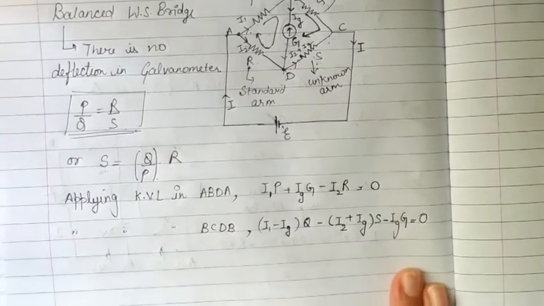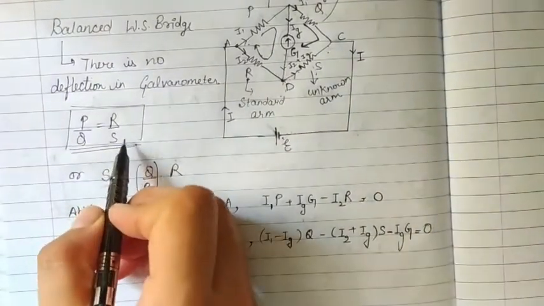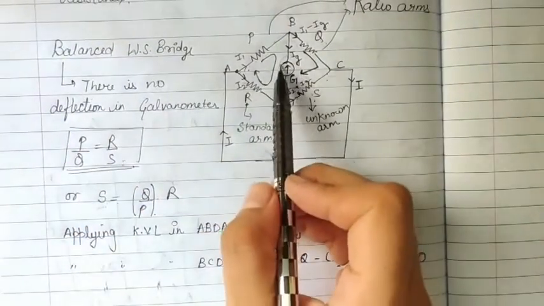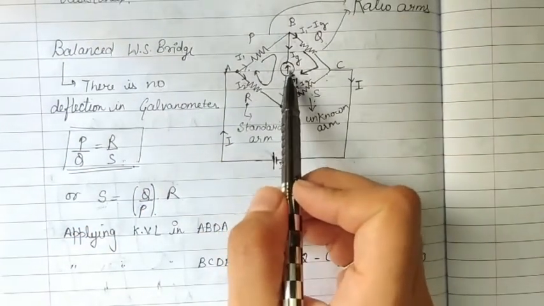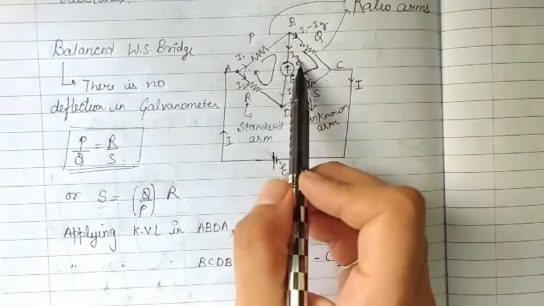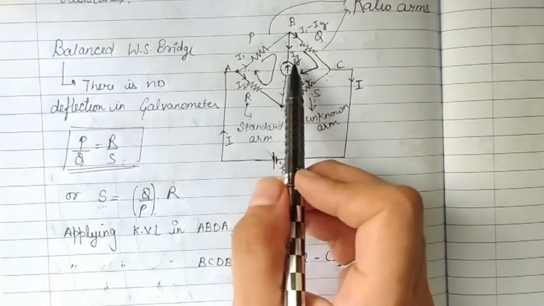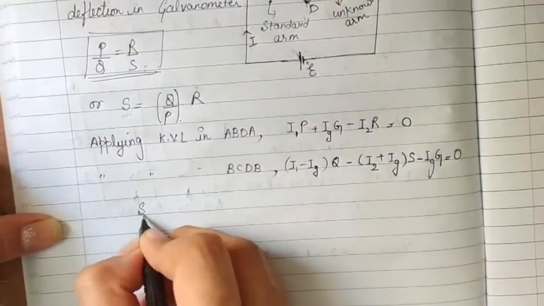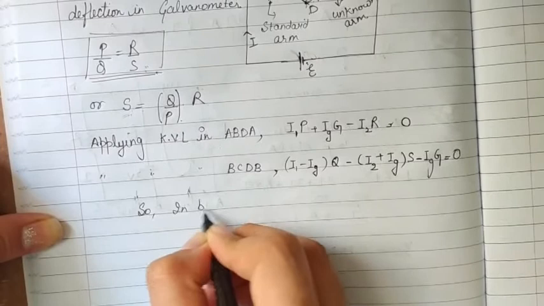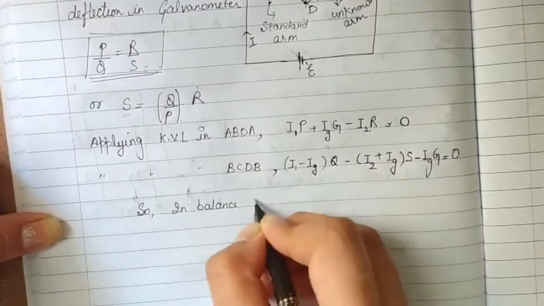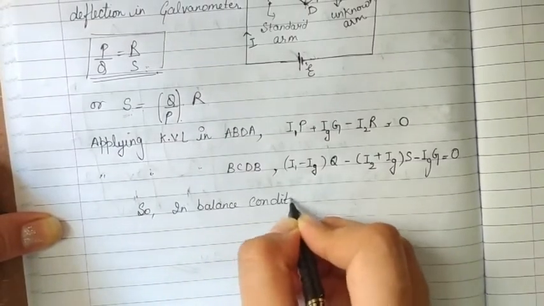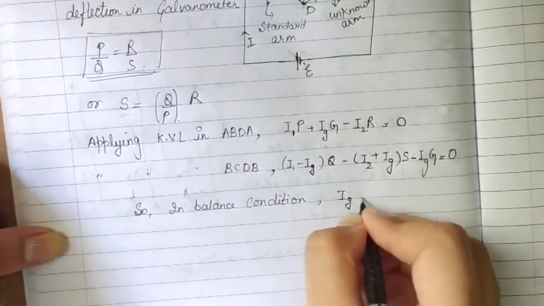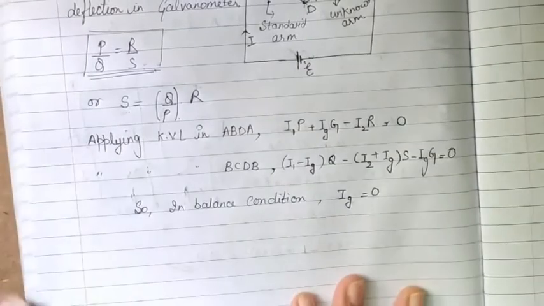Now in balanced condition, this is the condition for balance. In balanced condition, the galvanometer will be showing no deflection. That means there is no current in this terminal, or we can say Ig is equal to 0. So in balance condition, there is no current flowing through the galvanometer, or we can say the value of Ig will be 0.